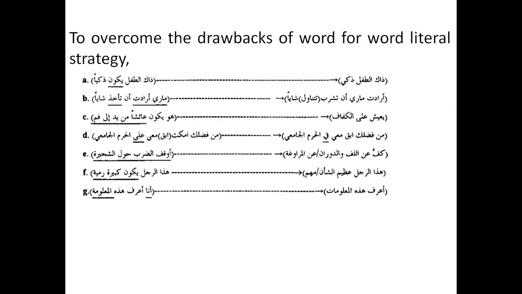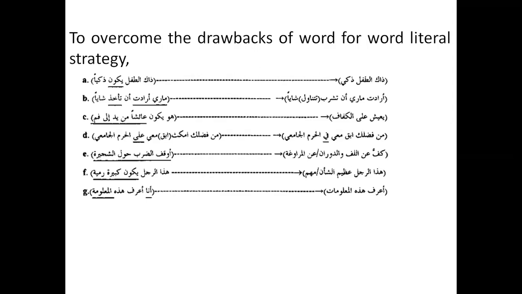ماري أرادت أن تأخذ شايا، أن تشرب شايا أو أن تتناول شايا. من اليد إلى الكفاف. If the context is taken into consideration, we can say يعيش على الكفاف. من فضلك امكث أو ابقى معي على الحرم الجامعي. في الحرم الجامعي. أوقف الضرب حول الشجرة. If the context and the idiomaticity of the English expression are taken into consideration, we can say كف عن المراوغة and so on.